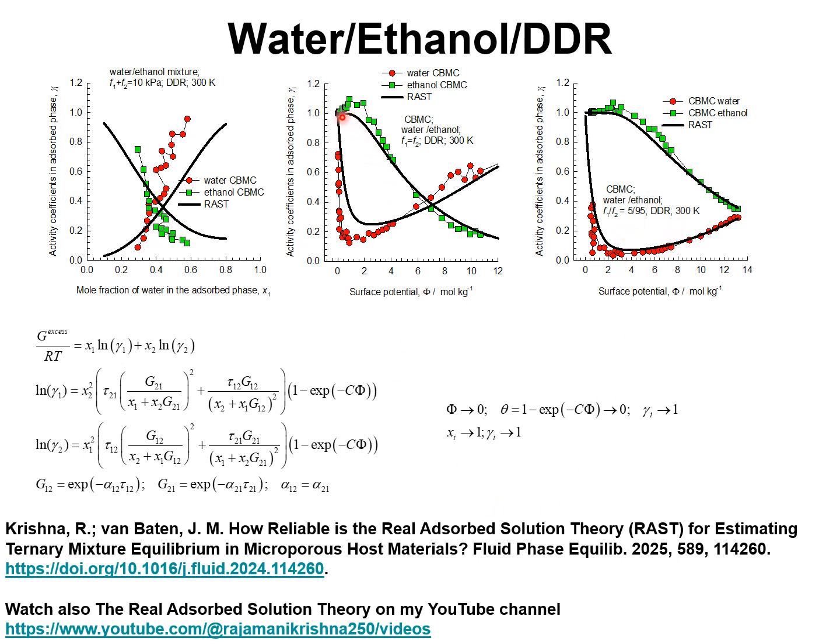To properly model these CBMC data sets, we need to properly account for the correction factor 1 minus exponent of minus parameter C times the surface potential, as I have discussed in detail in my paper in Fluid Phase Equilibria. Watch also my presentation on the real adsorbed solution theory on my YouTube channel.